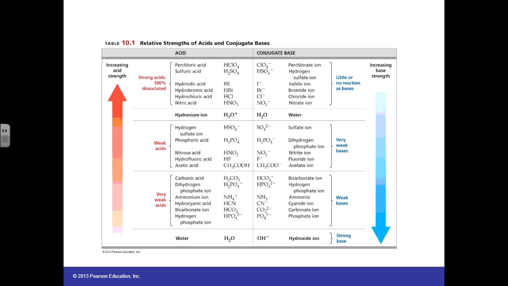Now, this diagram further corroborates what I was saying prior: if you have an acid regarded as strong, its conjugate base will behave weaker. On the left, at the top, it says perchloric acid, and on the right, it has perchlorate ion. Perchloric acid is a really, really strong acid.